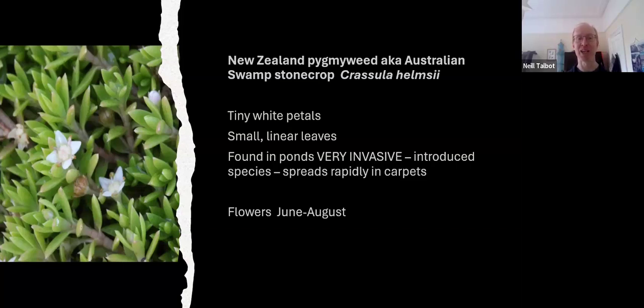I can't recall exactly what it was, some sort of invertebrate that does reduce the vigor of the crassula. So that may be something that will help, but generally, once you've got it, it is difficult to control or remove.